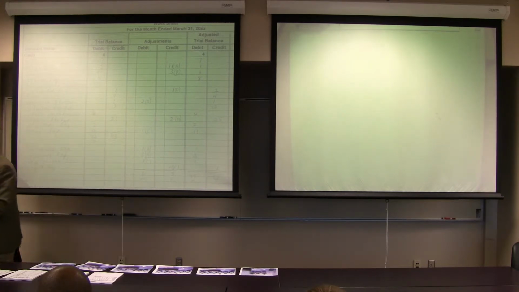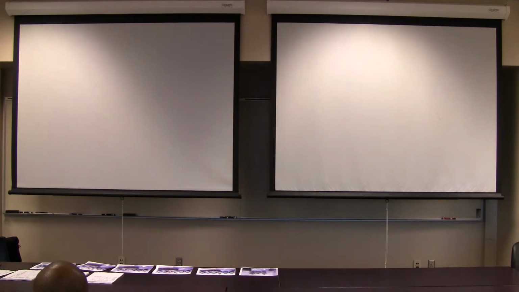Just wondering, when you have the depreciation of 1, it is put under the accumulated depreciation column for adjustments because... I'll show you. Here's the deal.